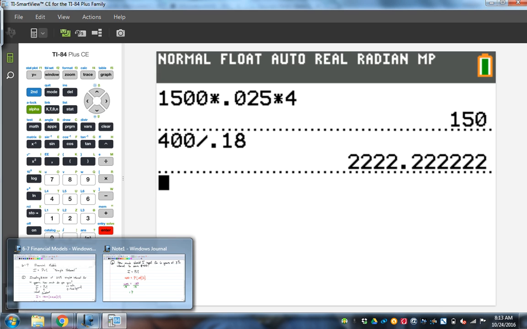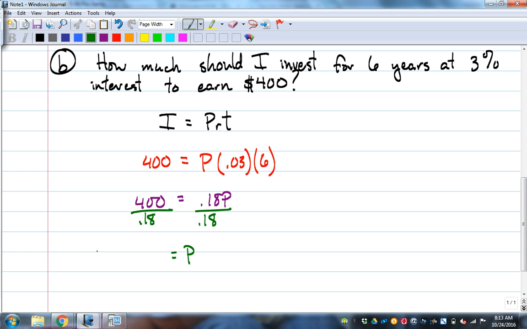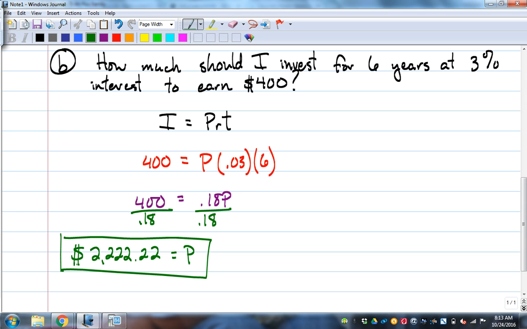So let's round to the nearest cent. So $2,222 and 22 cents. We invest that amount, we're going to get close to $400 after 6 years, and that's doing nothing. Simple interest, though. Simple interest, most basic thing.